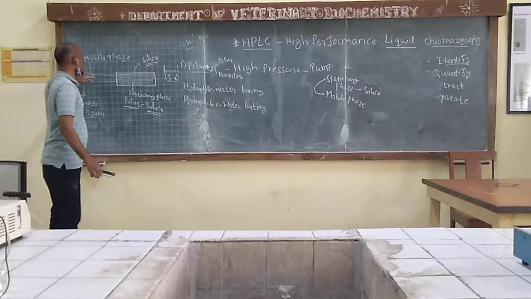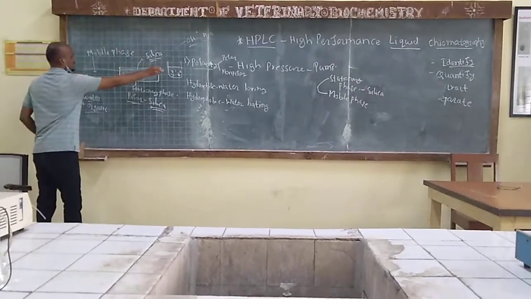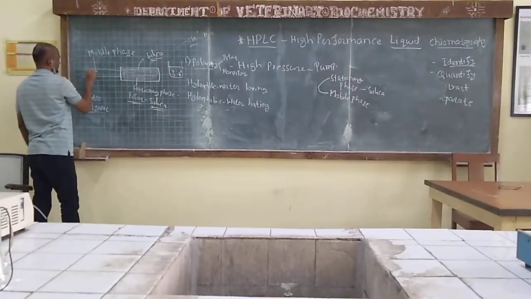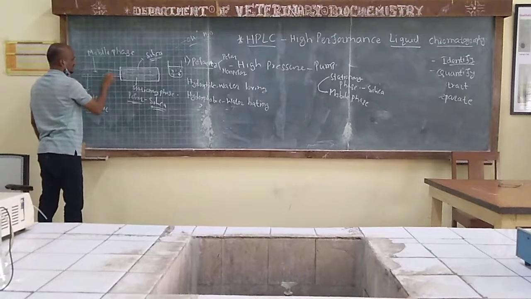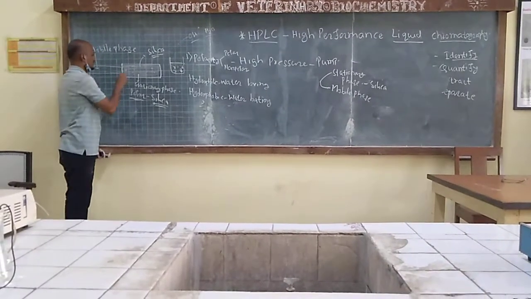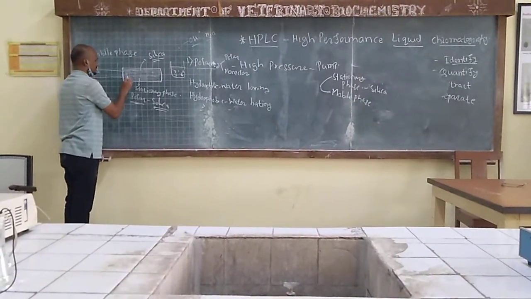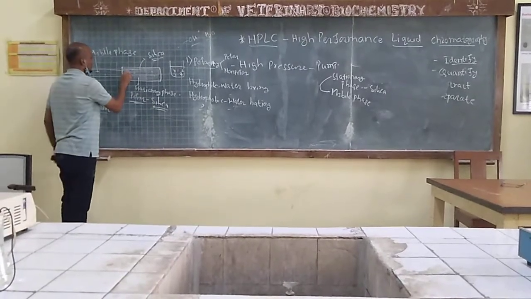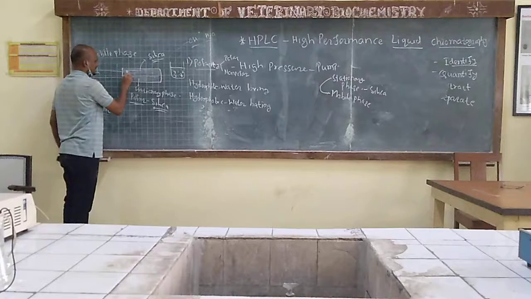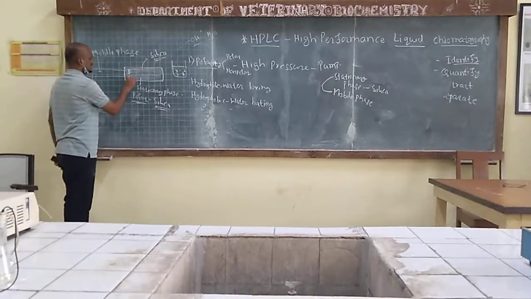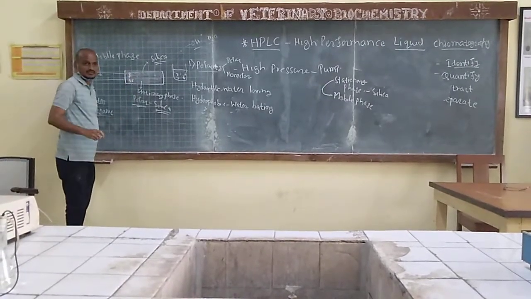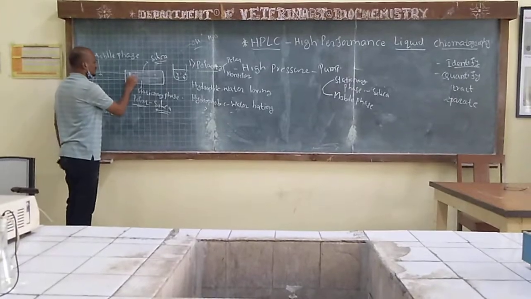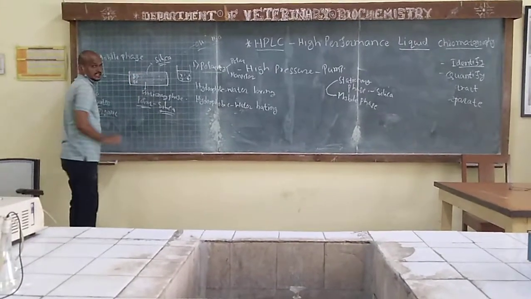So when we pass our solution, there are molecules A, B, C, D. When you are passing ABCD, A is interacting here with this silica, B is coming and interacting here, C is interacting here with one silica molecule, and D is there, interacting here.